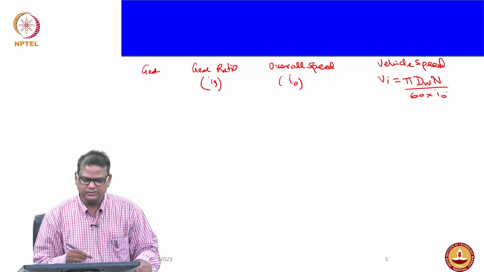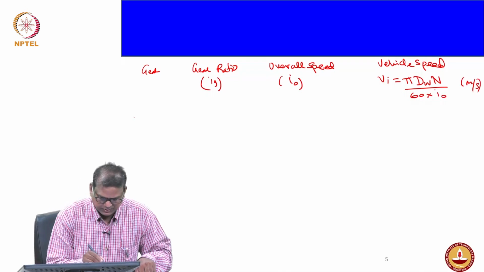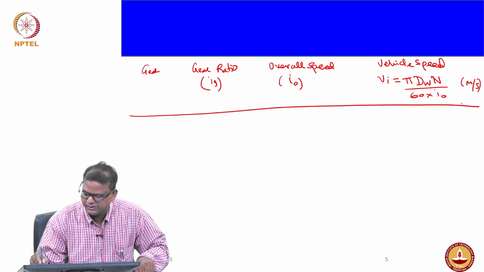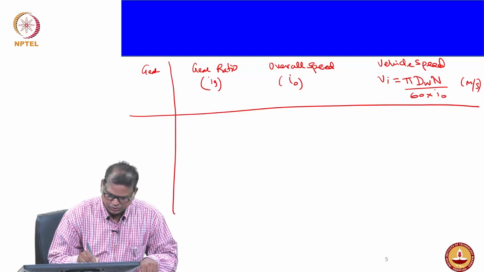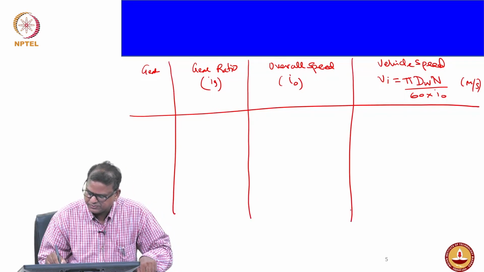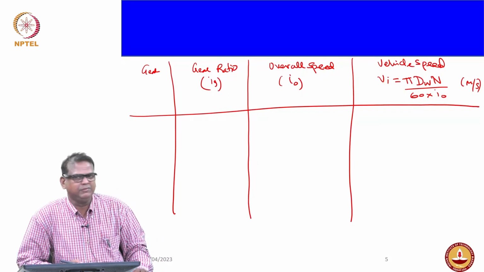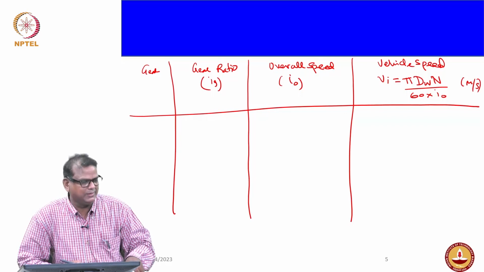This should be in meter per second. In fact, I asked you a question: what speed should we choose? Should we choose the maximum speed 7000 rpm or 4400 rpm? Which one do we have to choose? That is the question I asked you.